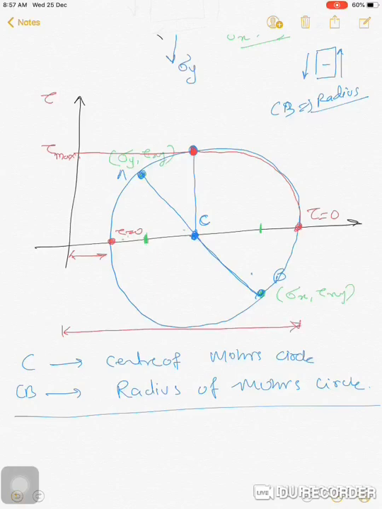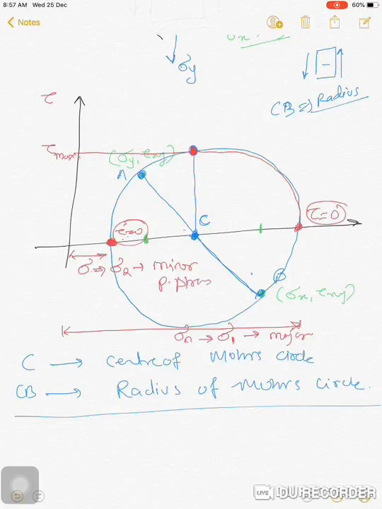Now this value is greater and this value is smaller, so we call it the major principal stress, and this is called the minor principal stress.